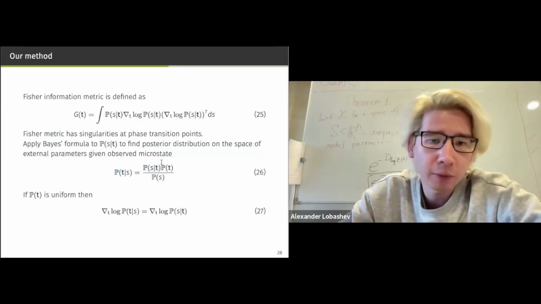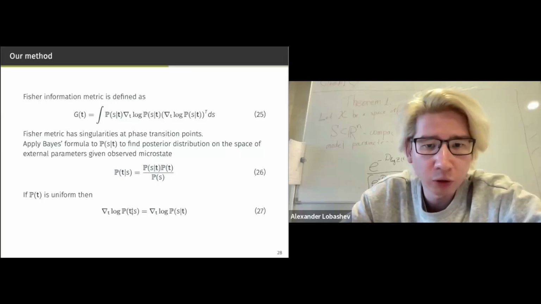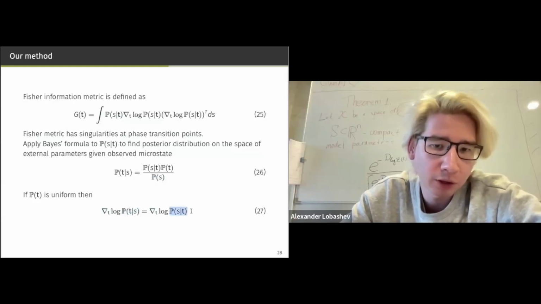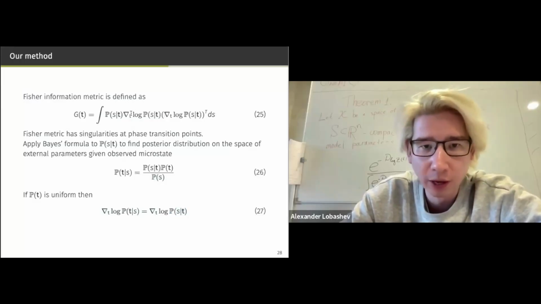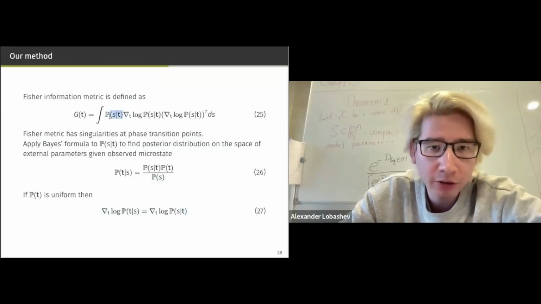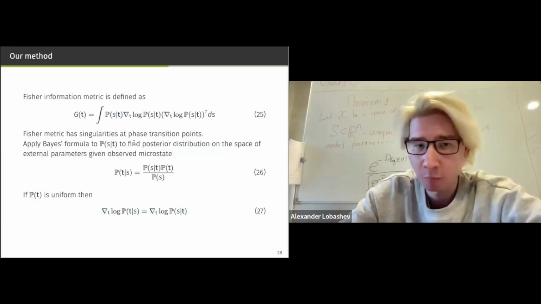If we apply logarithm and take the gradient with respect to t, then we will see that this score function, where we take the derivative of a posterior distribution, is the same as for the original distribution. And this is exactly what is inside this Fisher information metric. This averaging could be done just by Monte Carlo sampling.